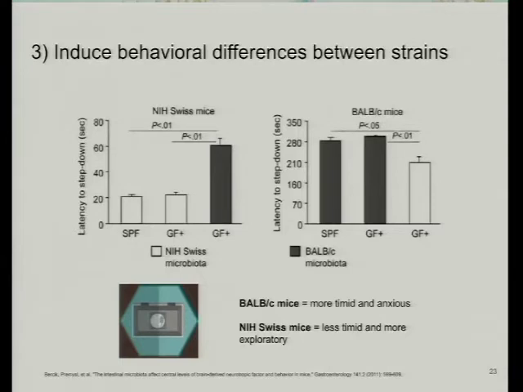However, when you subjected them to a fecal transplant with the other strain, the time they took to step down also decreased. So again, these results indicate possibly that the gut microbiota can also influence our behavior and anxiety, and that it can be transferable.